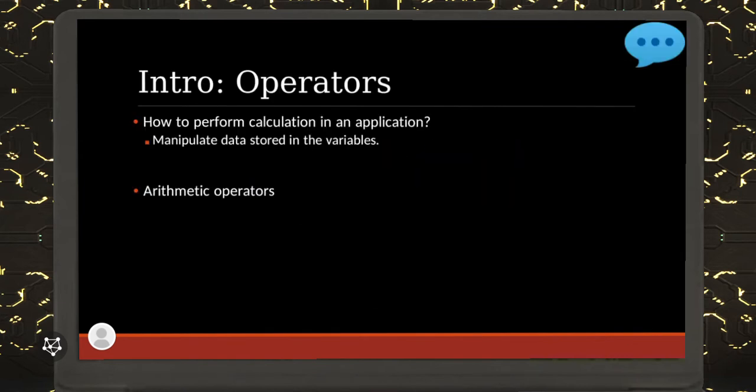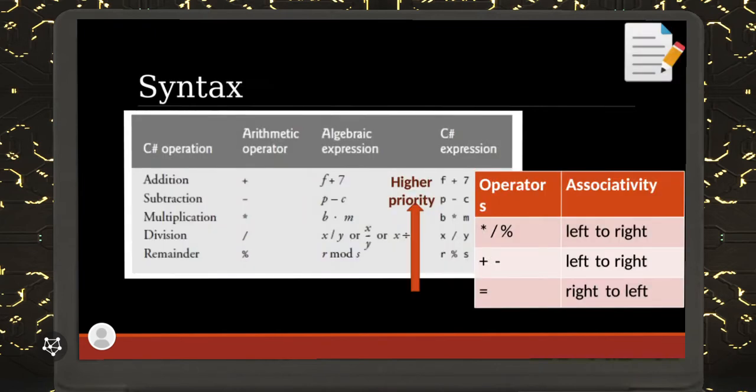And at the end, we talked about the arithmetic operators, which are just like the mathematical operators you use in daily math. So plus, minus, the asterisk for multiplication, and the slash for division. But this one is not very much used in usual math, the percent symbol, which is used for remainders. It will give you the remainder of a division.